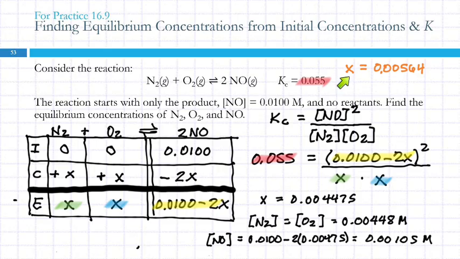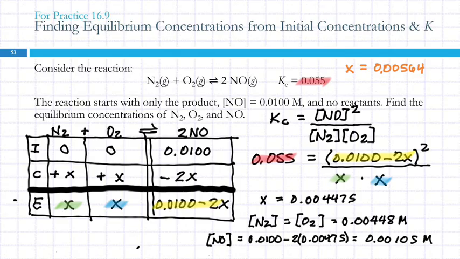Okay, so let's say the calculator gives you that. Let's plug that in and see if it works. So it's a positive number. That would be a reasonable concentration for X. Let's plug it in here. 0.010 minus 2 times 0.00564. And I get a negative concentration. Is that possible? No, not possible.